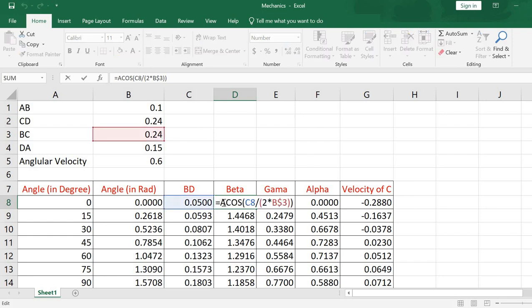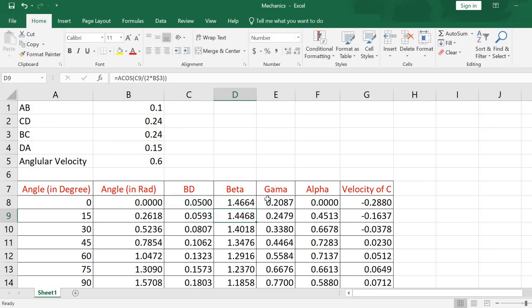So in Excel you will use the ACOS function to deal with the inverse function. So you need to type it as ACOS. Into that I'm going to divide this BD value by 2 into BC. As I have already marked that BC is a constant value, I am putting the dollar sign over here. So I'm going to take the inverse.